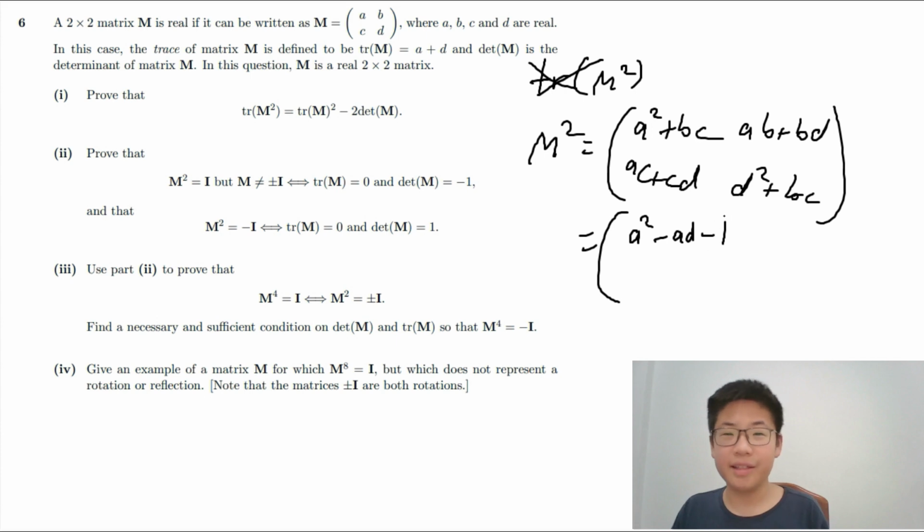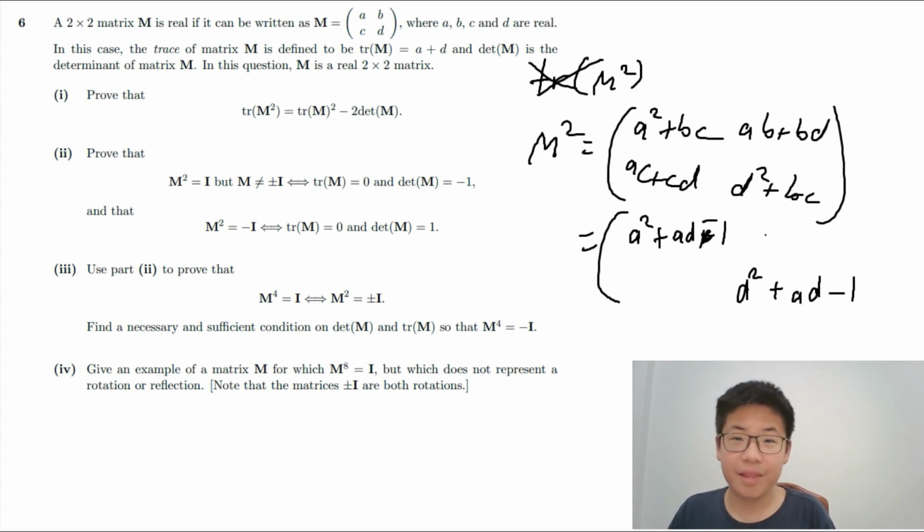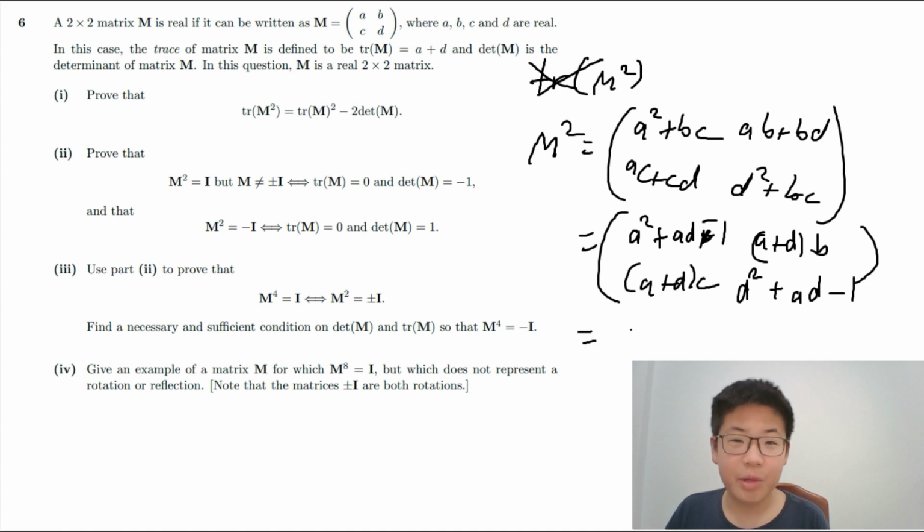So 1 is AD minus BC. So AD minus BC, and then we have D squared plus AD again minus 1. A plus D times B, A plus D times C. And since the determinant is 1, we have A plus D times M minus I.